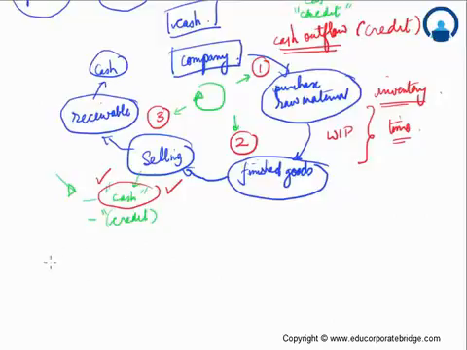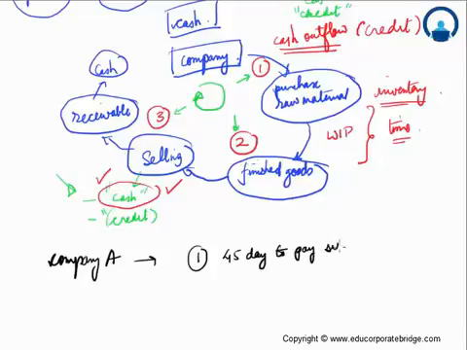Now let's take an example of company A, which has a policy of paying its suppliers in, let's say, 45 days. So step 1, they take 45 days to pay suppliers. Number 2, I'm talking about the second part where inventory is converted into WIP to finished goods. Maybe this company takes 90 days to process. Number 3, the third process is basically the selling process and converting the receivables into cash.